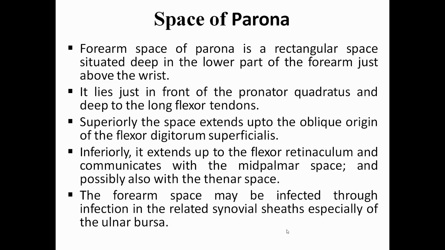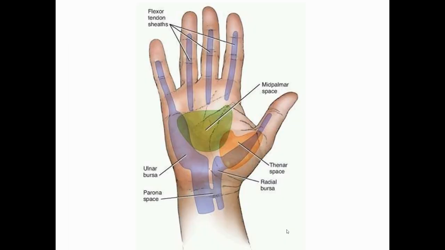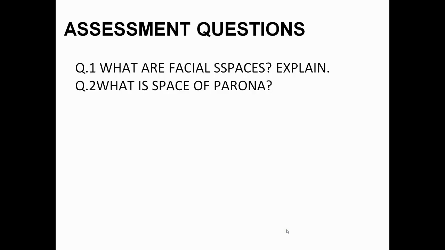Inferiorly, it extends up to the flexor retinaculum and communicates with the midpalmar space and possibly also with the thenar space. The forearm space may be infected through infection in the related synovial sheath, especially of the ulnar bursa. So we can see all the spaces, and we can see the space of Parona just above the wrist joint.